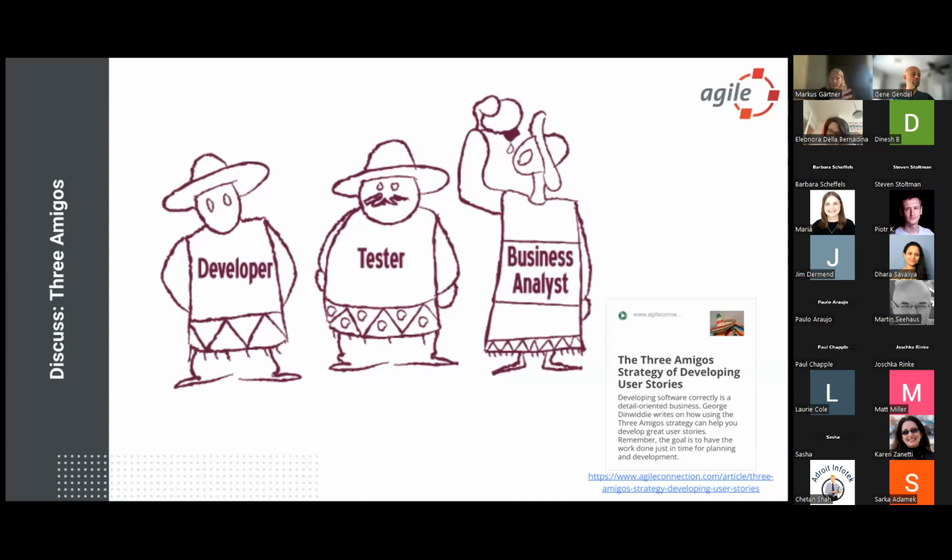The product developers are the second amigo that we need. Between those two, the business side is able to describe the problem domain, and the development side is able to describe the solution domain. And it might be that they talk past each other.